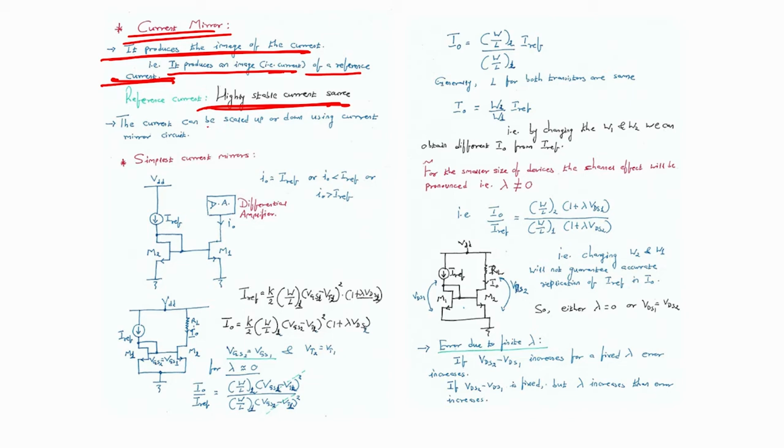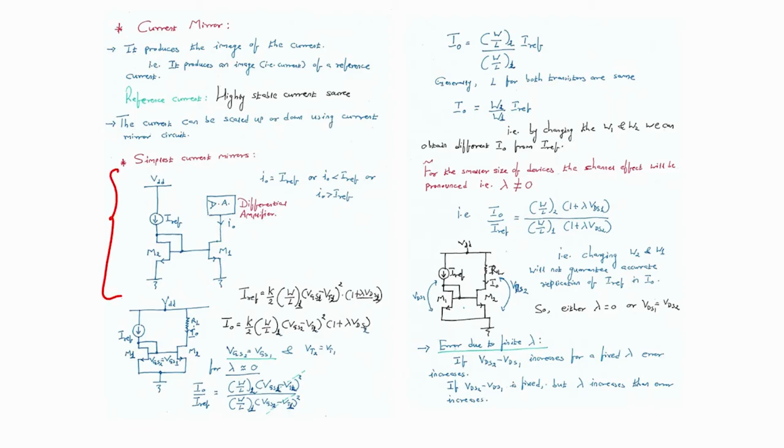Now, as I said, currents can be scaled up or scaled down using the current mirror circuit. If you see this particular circuit, what is it? It is the simplest current mirror. You can see here the gate is connected to the drain. There are two MOSFETs, M1 and M2.